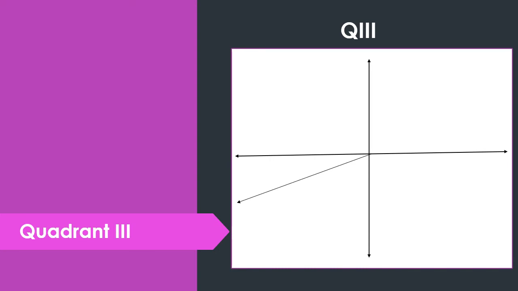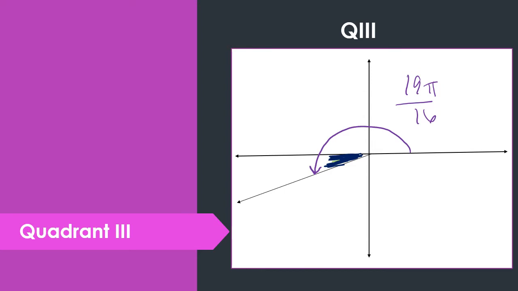If I look at quadrant 3, my reference angle is going to be this angle right here. It's going to be an acute angle made with the positive x-axis. So if I give you an angle, and this time we'll do one in radians, if I give you an angle in standard position, and let's say this time that our angle is 19 pi over 16, and I say, hey, we need to find a reference angle, we need an acute angle made with the positive x-axis.